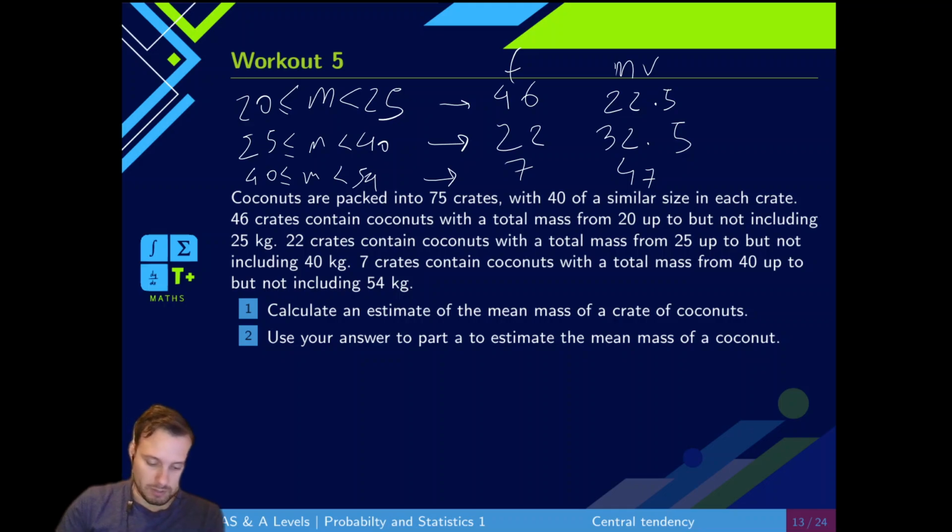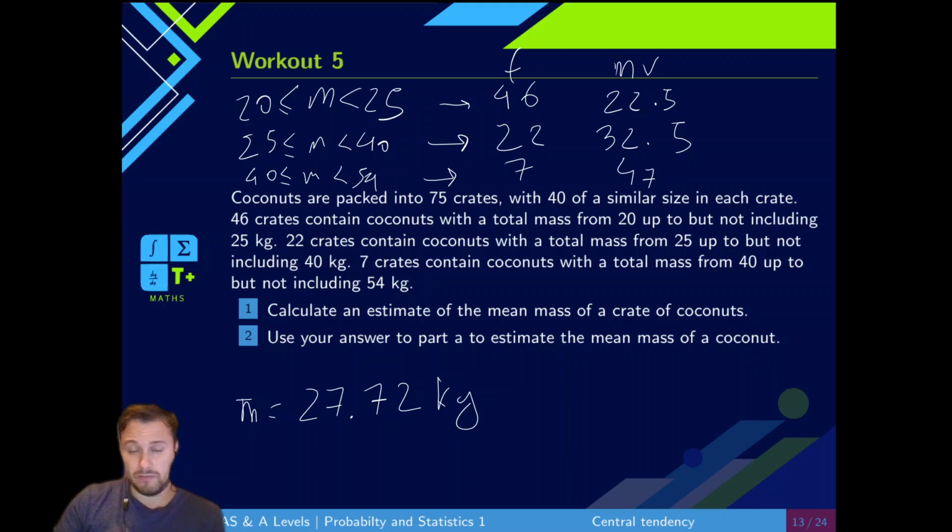So we make the operation and then we would say that the average of the mass of each crate is 27.72 kilograms. Again, if you want to look at this in depth, you can find everything developed on my web page, but that operation is frequency times mid value plus frequency times mid value plus frequency times mid value, divided over the sum of the frequencies.